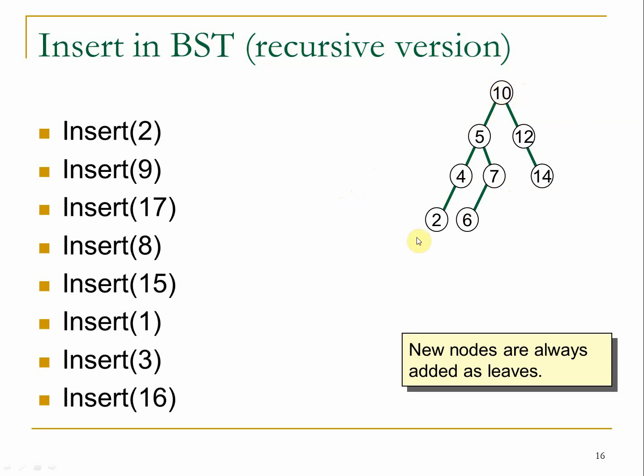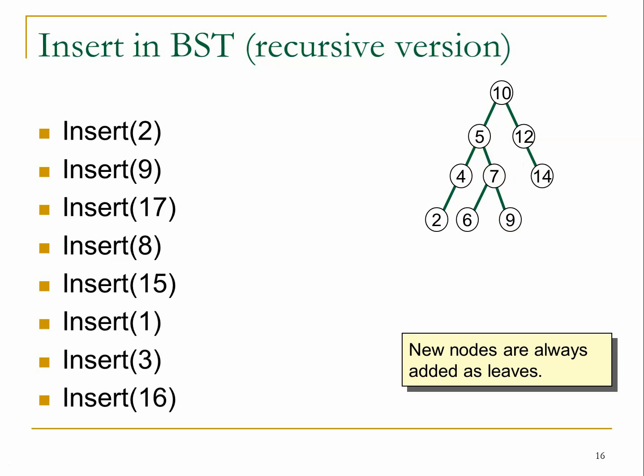We know we need to look into the left side, and 9 compared with 5, obviously 9 has to be on the right side of 5 because it's larger. So you will look into that one, compare 9 with 7, it has to be on the right side, and therefore this is going to be the right location of the 9.